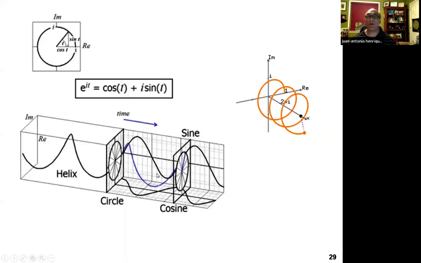This is another picture showing the relationship between the exponential in time and what it does in the different planes.